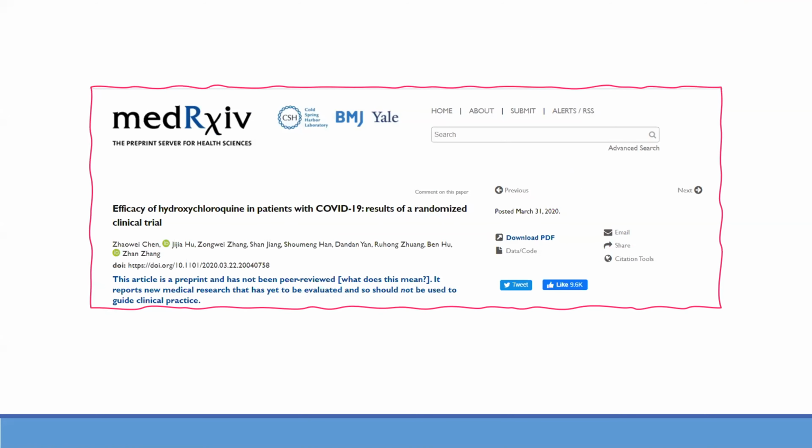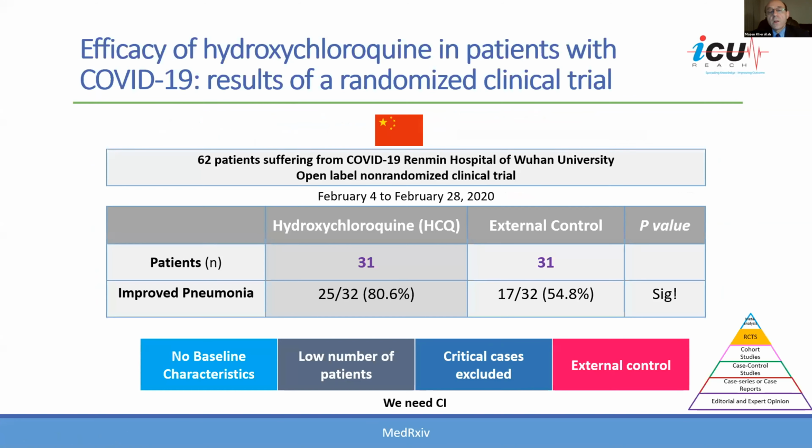The initial studies from China are very poorly designed studies, 100 patients, positive results, not impressive at all. The one that I have access to is on MedRxiv, and again, this is the same as the ChemRxiv that I mentioned. It is only a preprint. The purpose of this is to just put the study out and get feedback from people. In this study, they looked at 62 patients, 31 on hydroxychloroquine, 31 in external control.